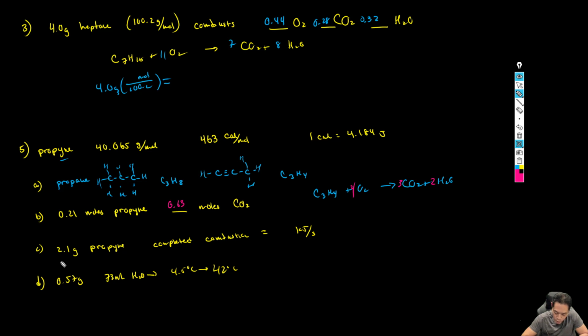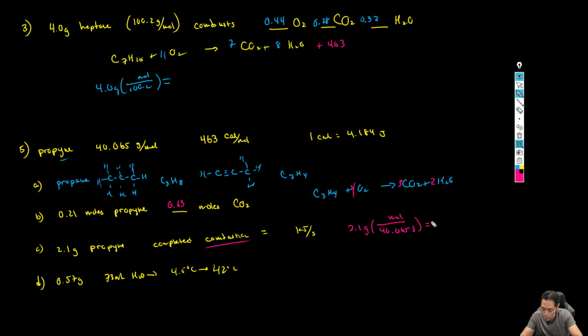If we have 2.1 grams of combustion, let's see how much energy is produced. So for number 5, we know that this makes 463. So we have 2.1 grams. We want to have the molar mass. Did we do it? Let's see, I believe so. Yep, 40.065 grams per mole.